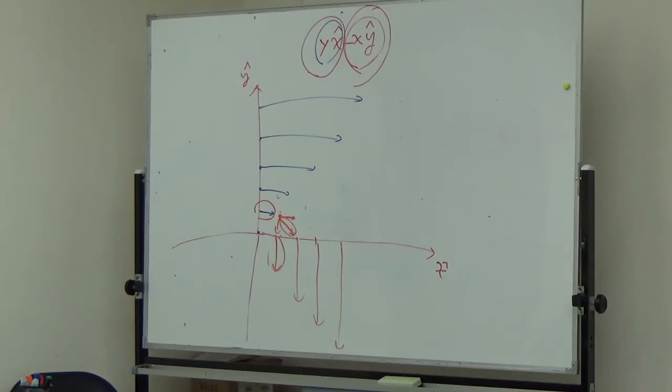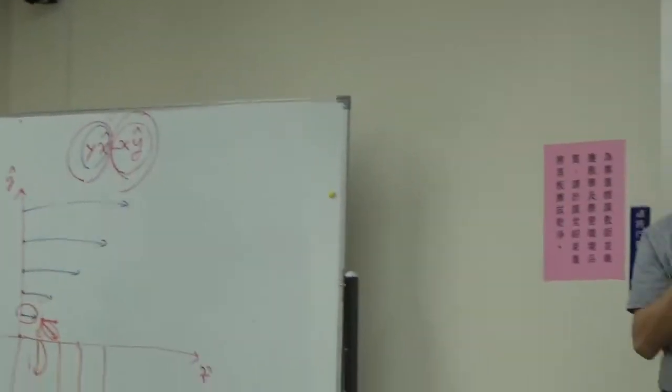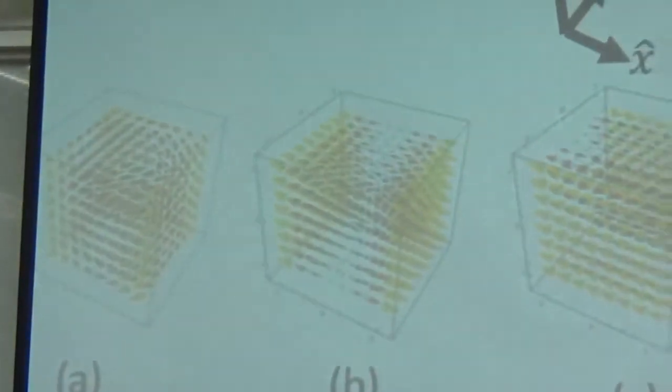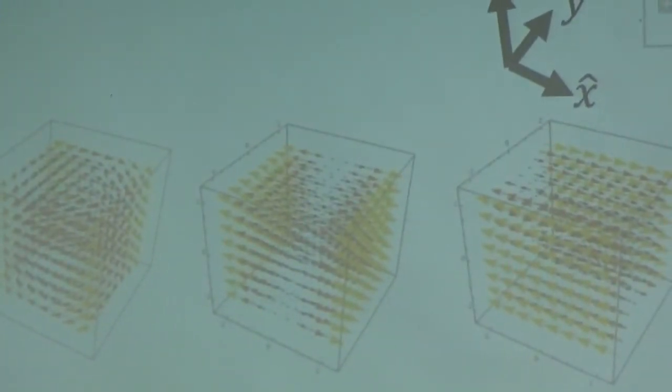X and y, this plane is from the top. We see the box from the top. So which one is the answer? Is it A? Too obvious.